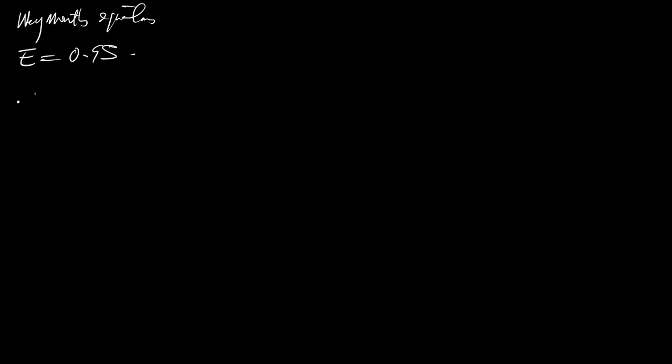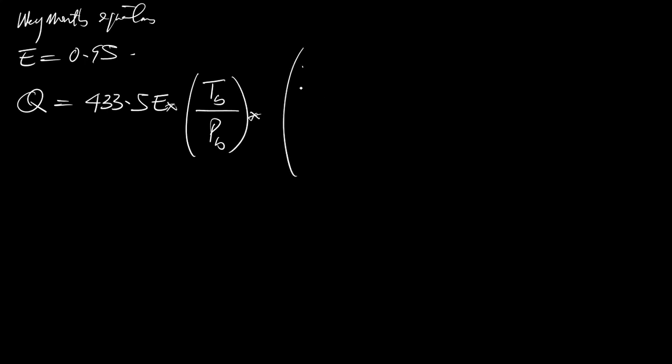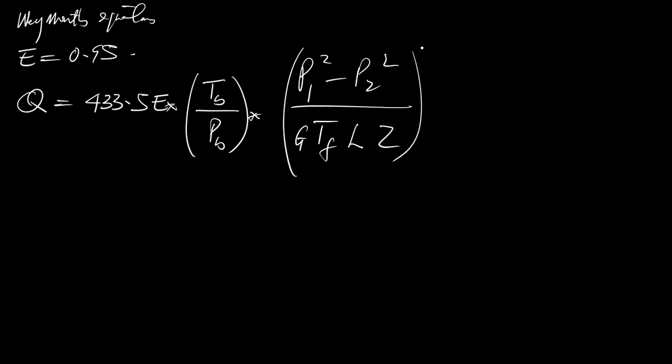We're going to use this formula: flow rate equal to 433.5 times E, which is pipeline efficiency, times the ratio of T, the base temperature, over the base pressure, times P1 square minus P2 square divided by gas gravity times the temperature of the gas times the length of the pipe times the compressibility factor, all raised to power 0.5, times D raised to power 2.667.